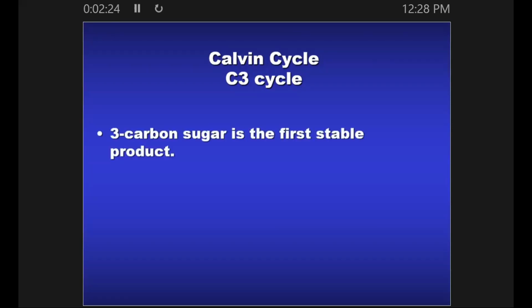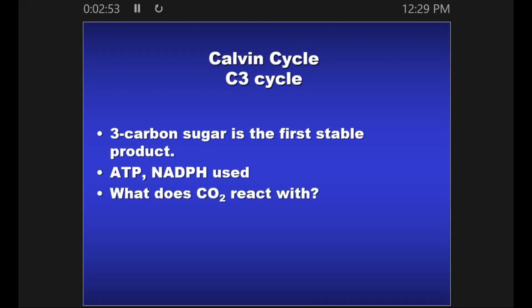So when they looked at the Kelvin cycle a few decades ago, when they were figuring this out, they could tell that there was a 3-carbon sugar showing up, and they could detect that with the technology at the time. They figured out that you have the ATP and the NADPH funneling in at key points to the Kelvin cycle, and that those molecules are coming from the light reactions.